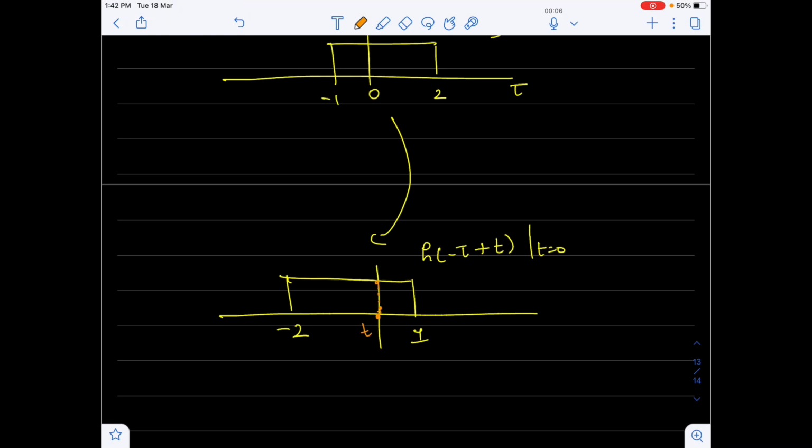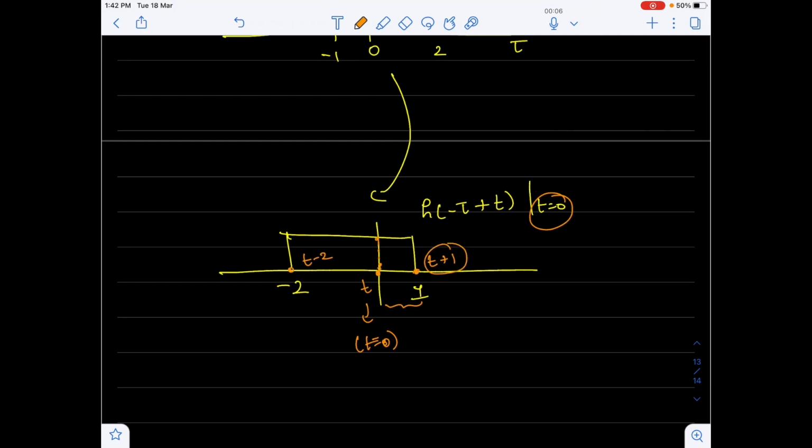Since this is t, and the shift is equal to 0 right now, this point is 1 unit ahead of this t. So we can say that this point is t plus 1 and this point is t minus 2. This is how to mark the points.